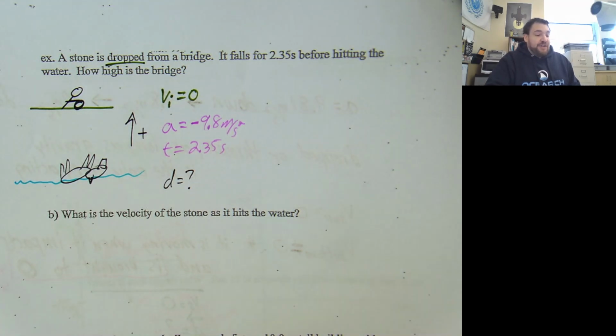What kinematic equation am I going to use if I'm looking for D and I know VI, A, and T? There you go. What kinematic equation are we using?